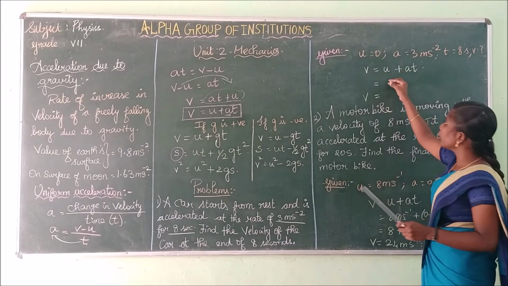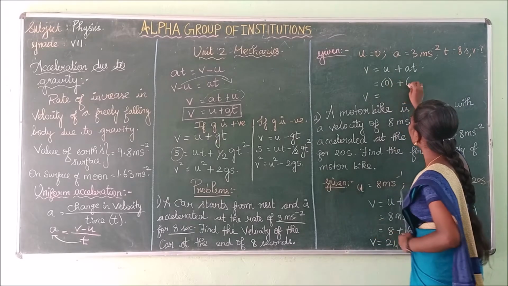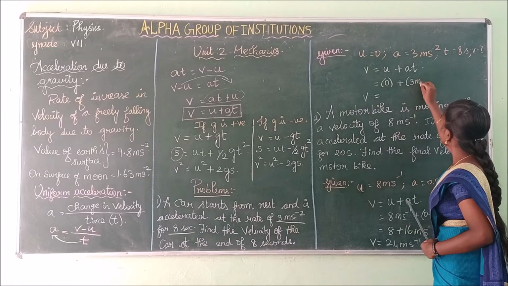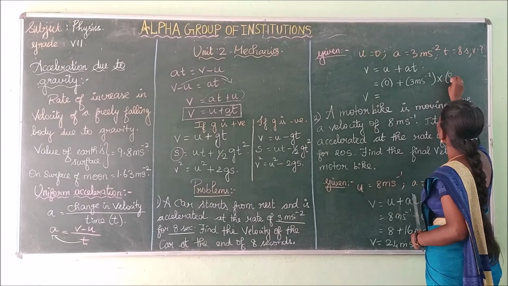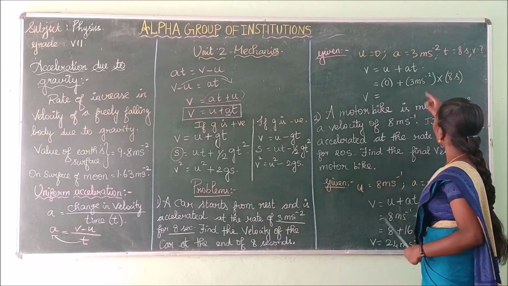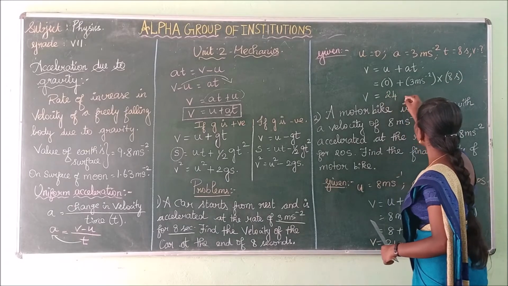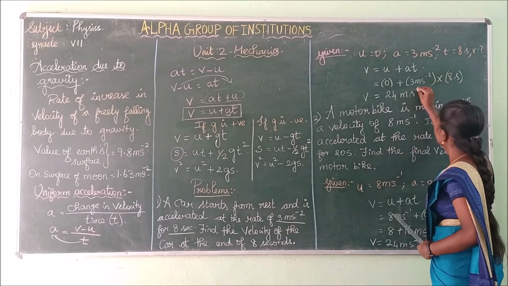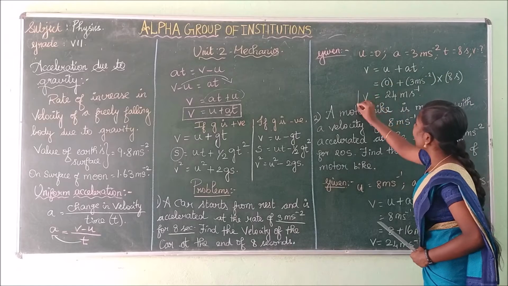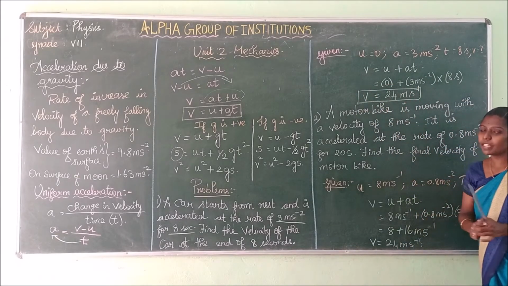What is the value of u given here? u is 0, plus what is the value of a? 3 meter second power minus 2 into 8 seconds. So what is the answer? 24. The value for velocity is 24 meter second power minus 1.